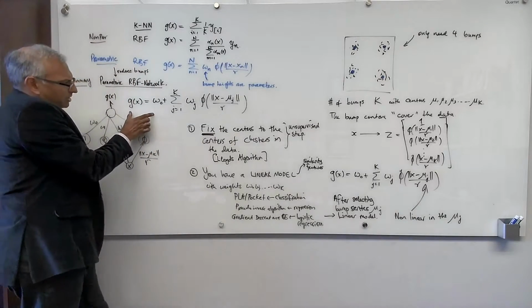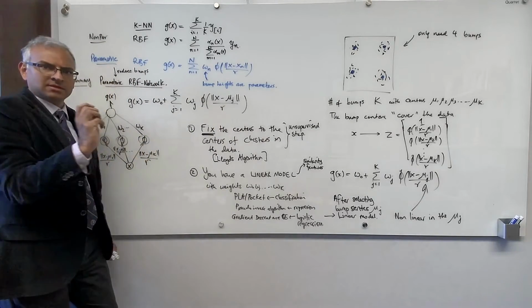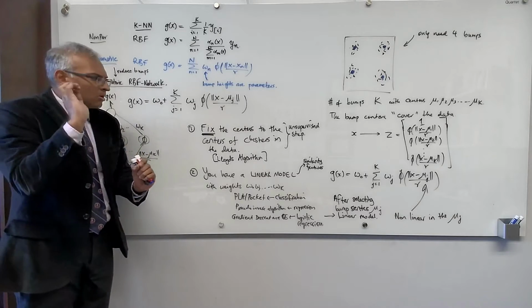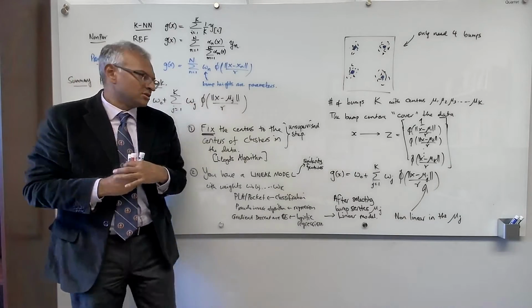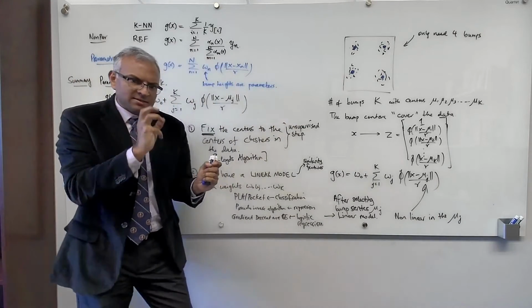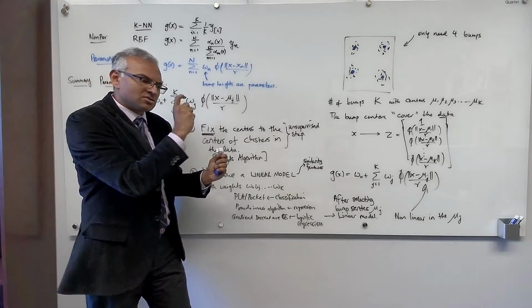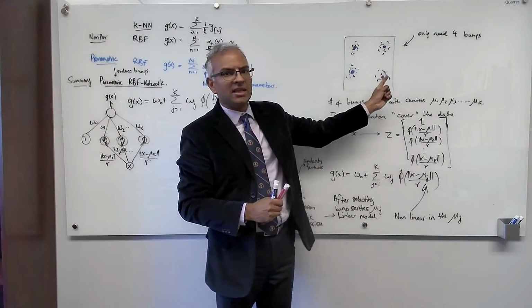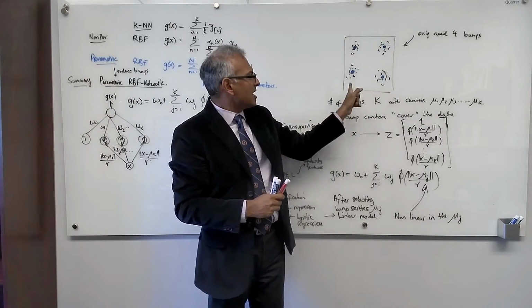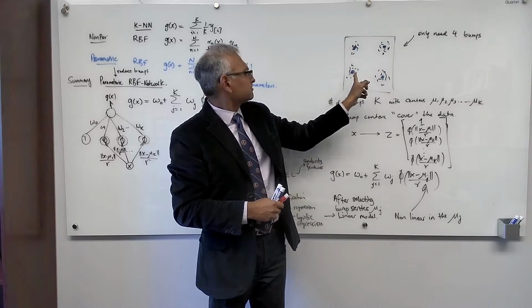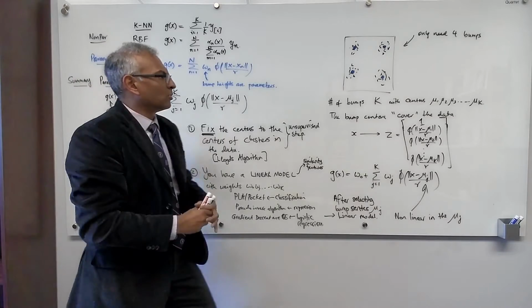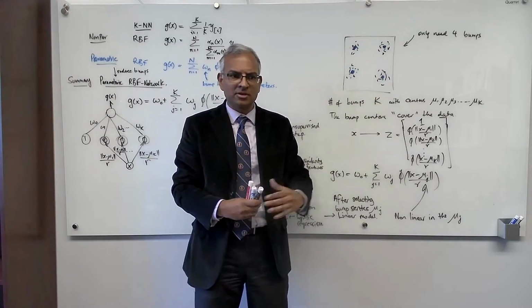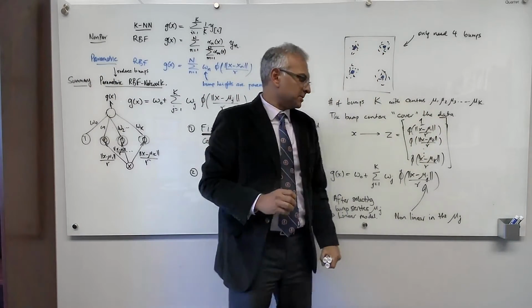The radial basis function network is a linear model modulo the selection of centers. Visualize that you're going to place bumps at certain locations in the space. These locations should represent the data, so you pick them as centers of clusters, and if you're choosing K centers, then you want K clusters. So you run Lloyd's algorithm to get these K centers.